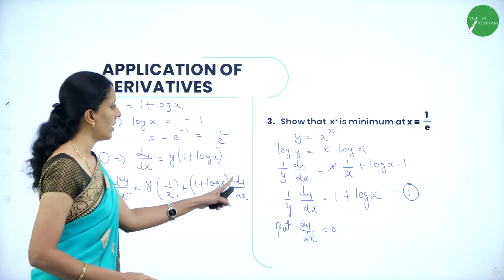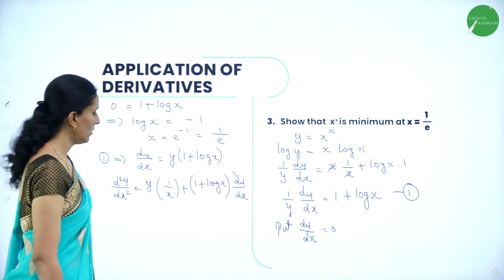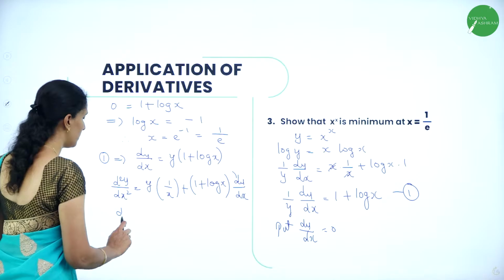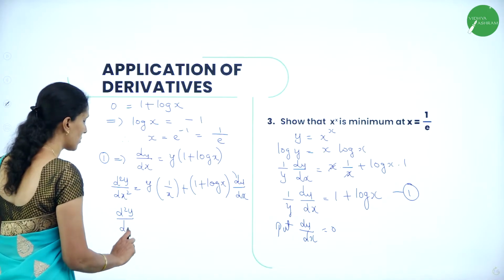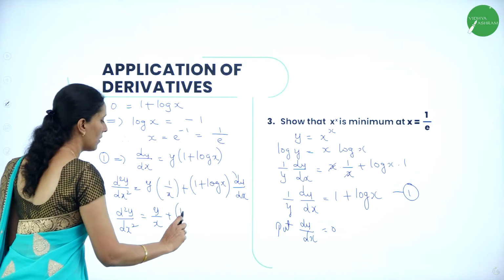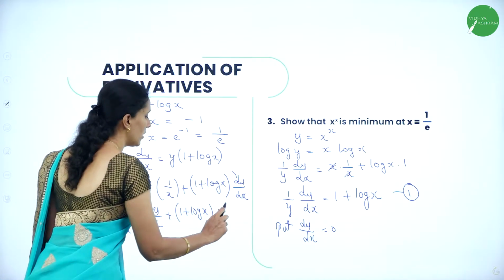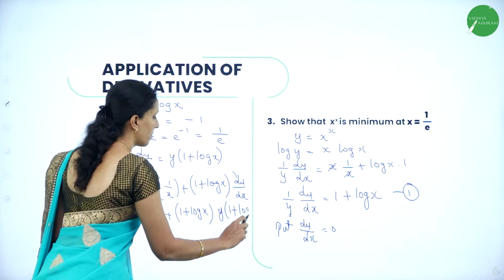So now we have dy by dx can be written as y into 1 plus log x. So d square y by dx square is equal to y by x plus 1 plus log x into y into 1 plus log x.